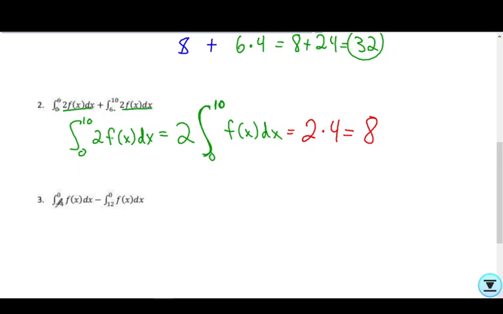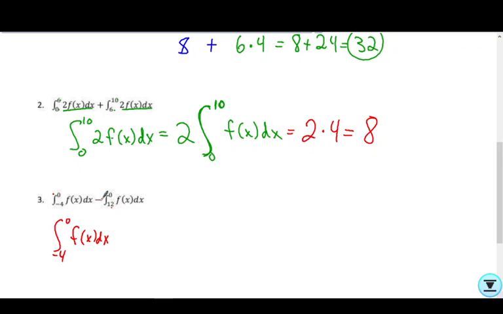All right, now the last one. We've got this integral from negative 4 to 0 minus the integral from 12 to 0. The first thing I notice is that in this integral, the bigger number is on the bottom, and that's not really the way we do things. So the first thing I'm going to do is rewrite this. I'm going to switch my limits so that the smaller number's on the bottom. It'll be from 0 to 12.